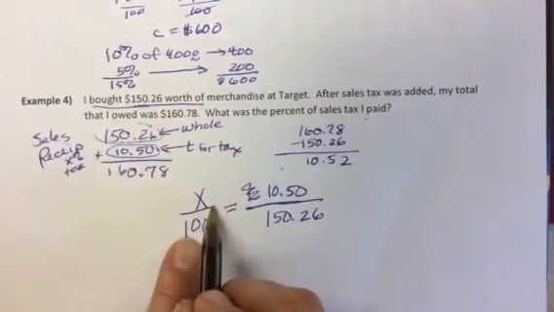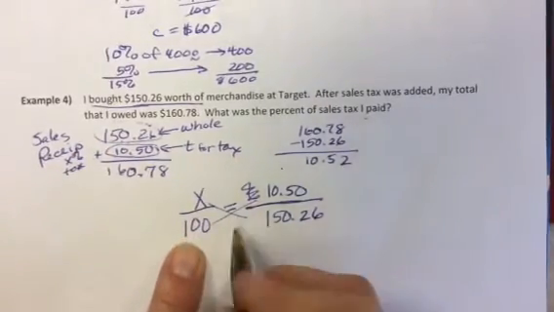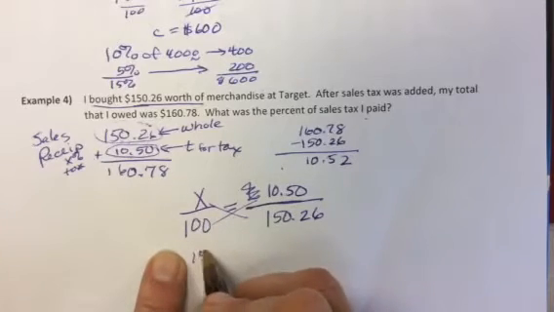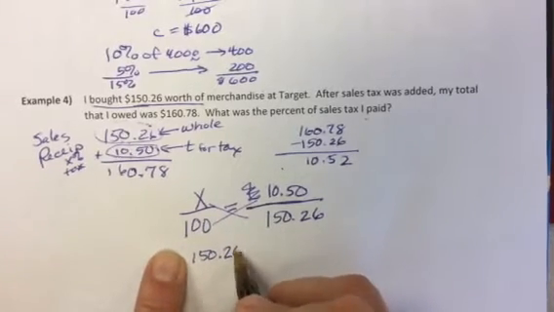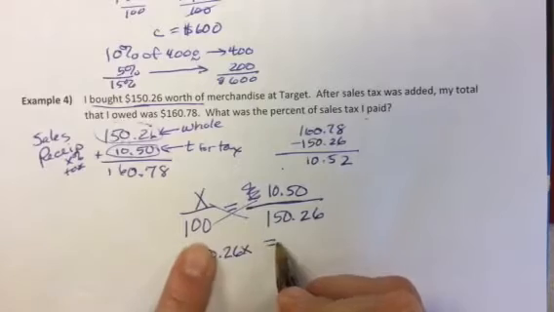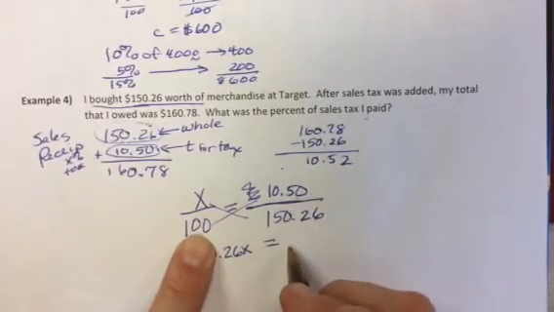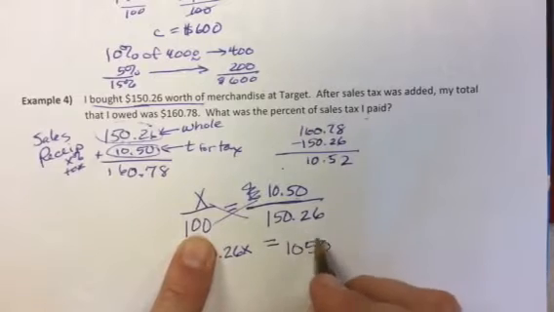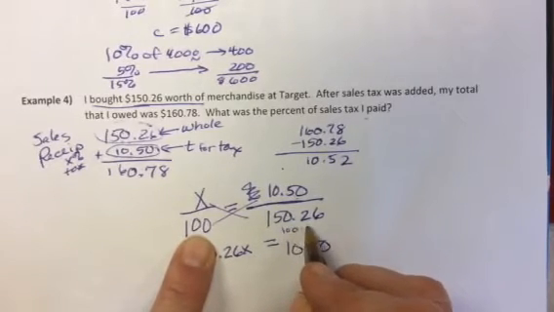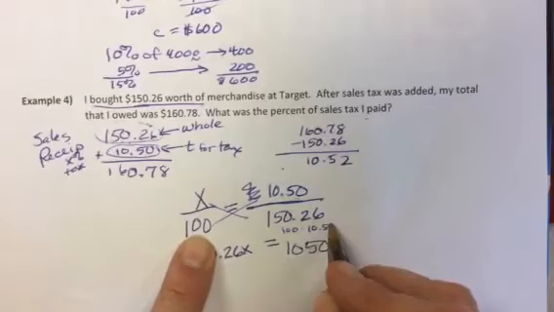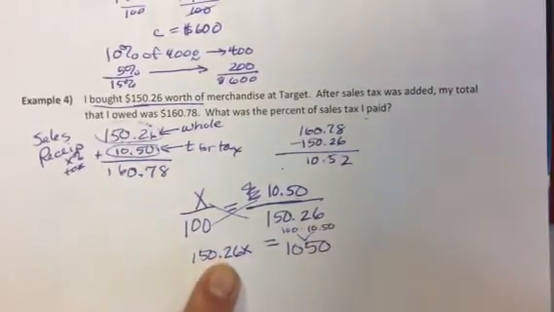So we're going to cross multiply, and we get 150.26 times X equals 100 times 10.52, which means move the decimal point 2 places. That's going to be 1052, which is 100 times 10.52.